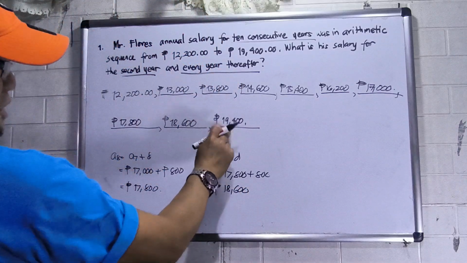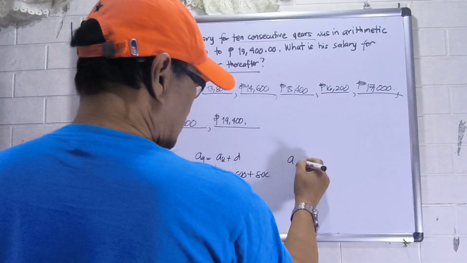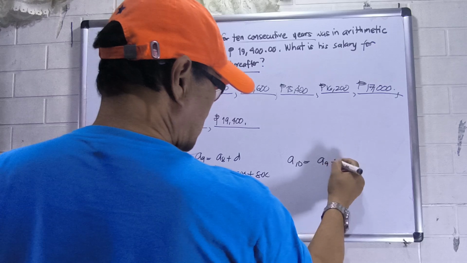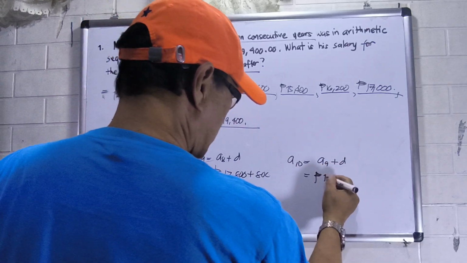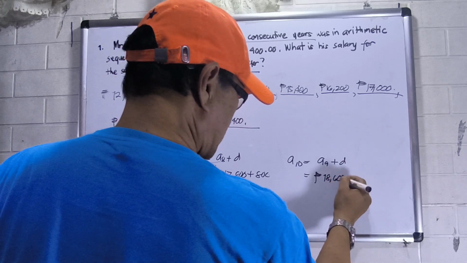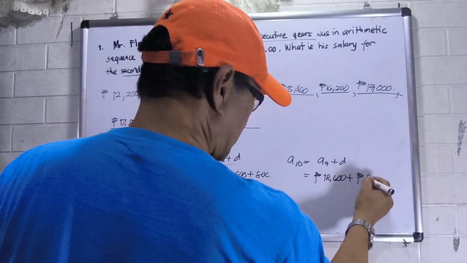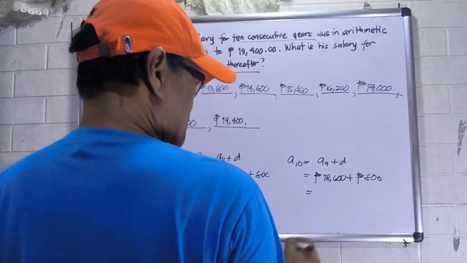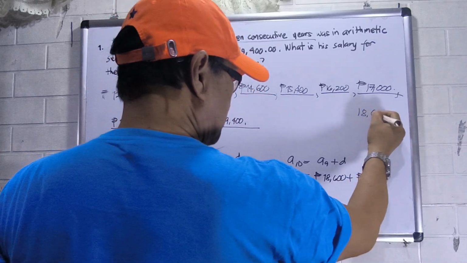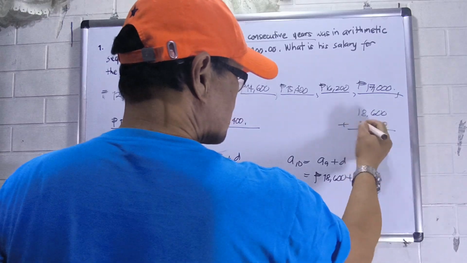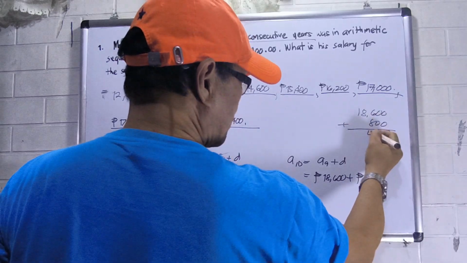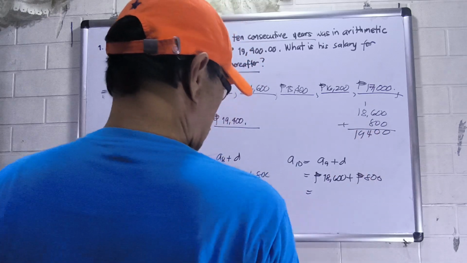Let us prove this one is correct. A10 is equal to A9 plus D. A9 is 18,600 plus 800, which gives 19,400.